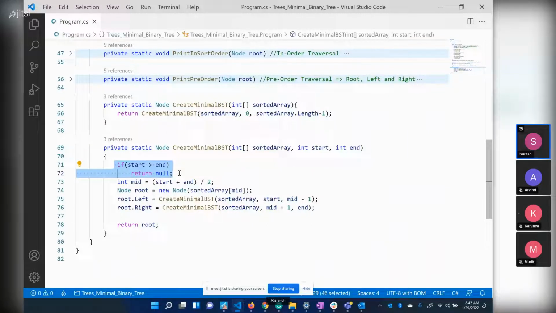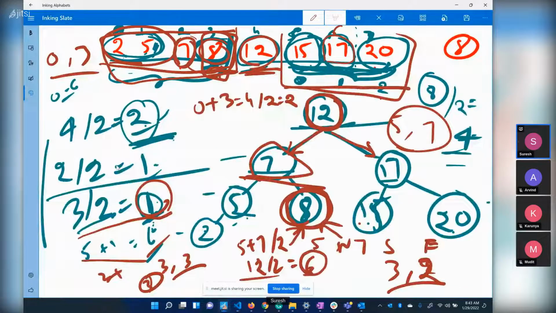Yes. So this ending condition is very important when you are writing recursion. When are you going to end the recursion? That is very, very important. This is where we are ending the recursion, when you go all the way to the left of the tree, or when you don't have any elements. If you are taking the array with 8, you calculate the 8. There is only one element in that subarray.